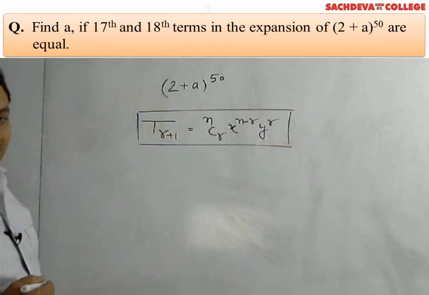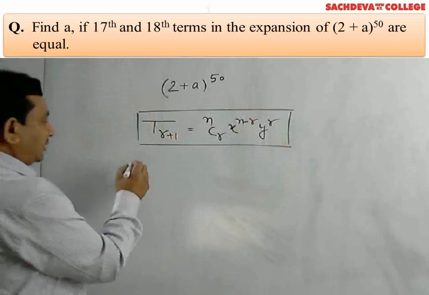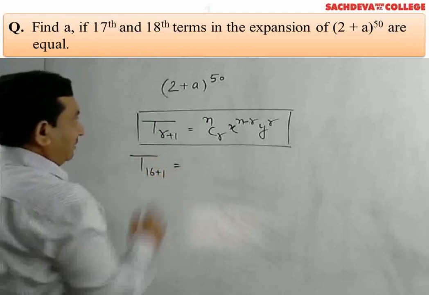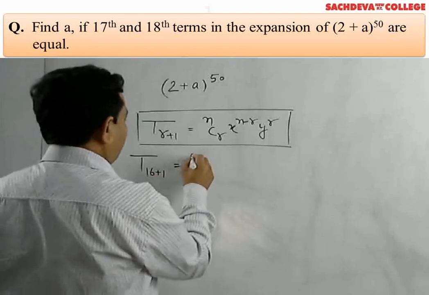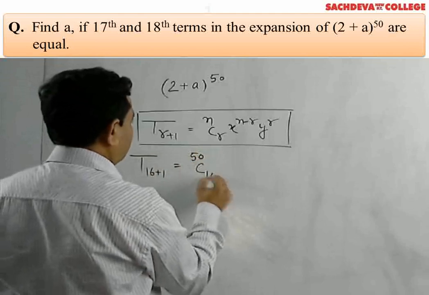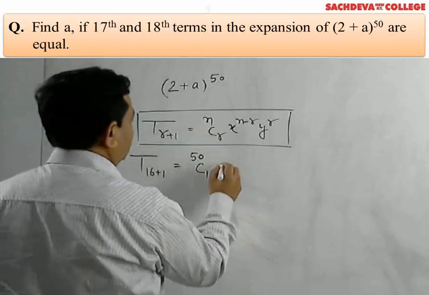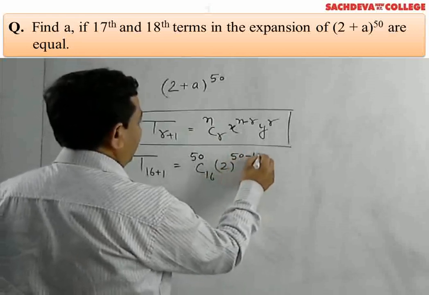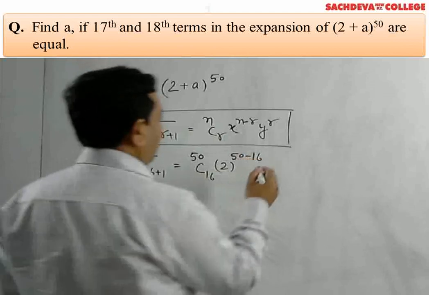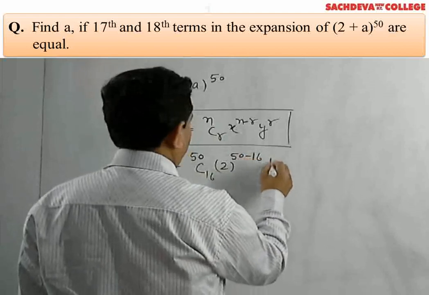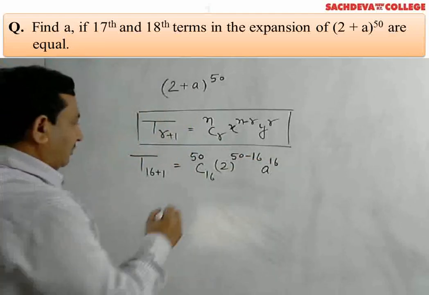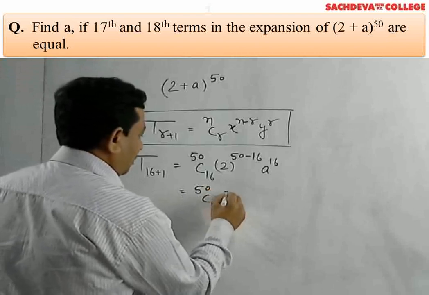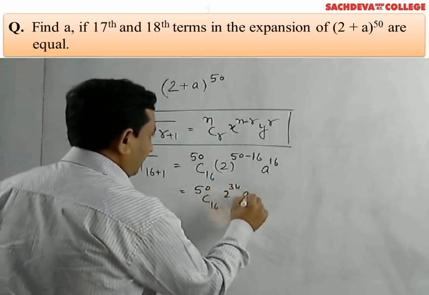Using this result, first we find the 17th term, it means T(16 plus 1), which will be equal to nCr, it means 50C16, x is 2 here, so 2 to the power n minus r, 50 minus 16, into y is a, it means a to the power 16, which will be equal to 50C16 into 2 to the power 34 into a to the power 16.